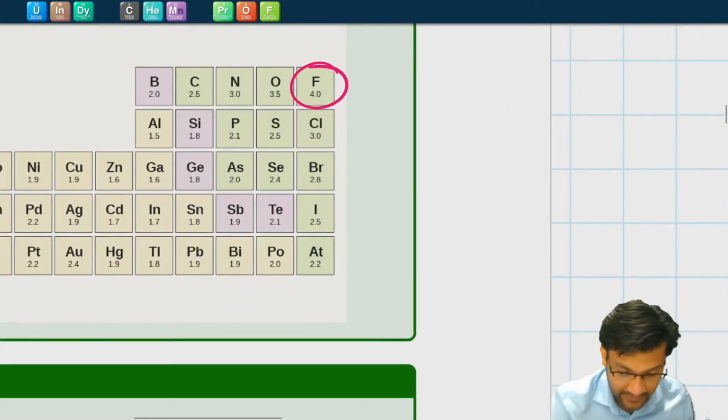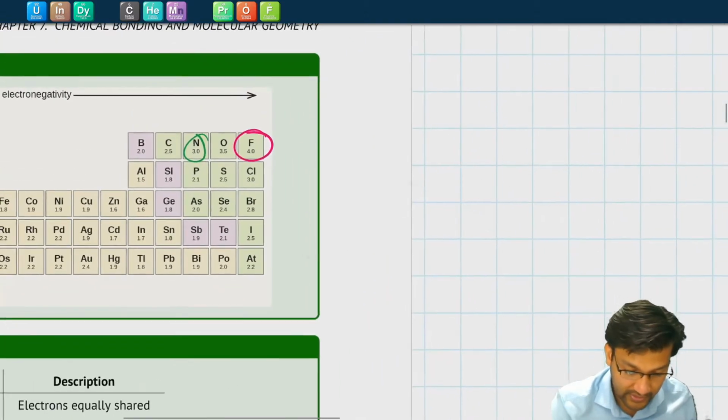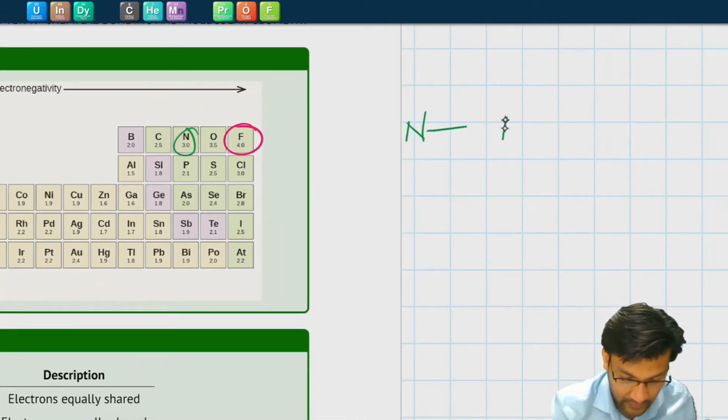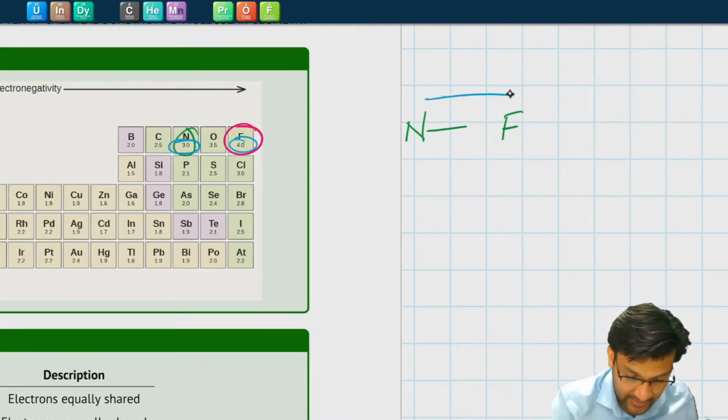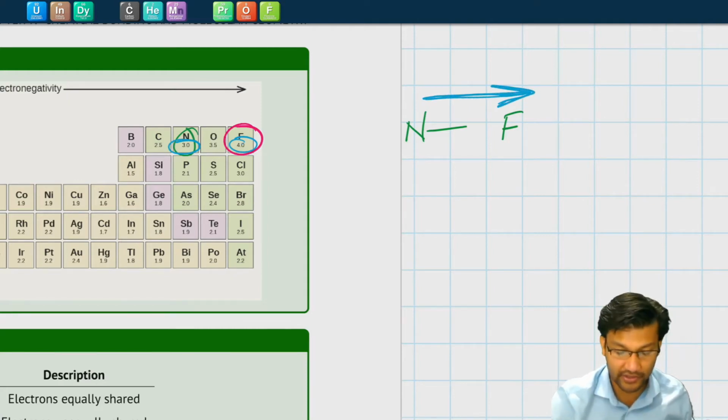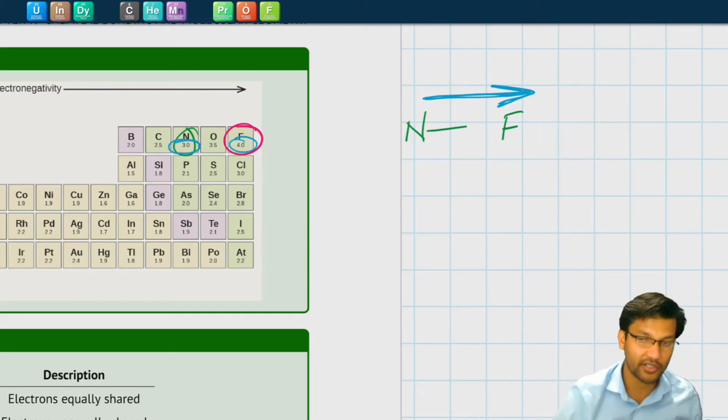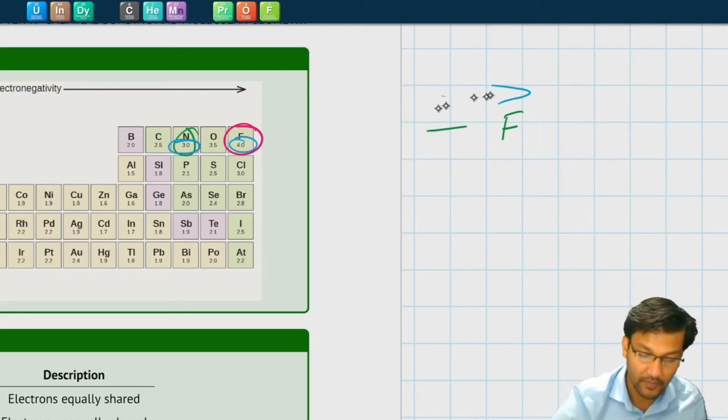But if you have, let's say, fluorine and something like nitrogen bonded to each other, well, fluorine has a much higher electronegativity value than nitrogen, so you might expect that the fluorine will pull on the electrons more strongly than the nitrogen, and so there'll be an unequal sharing of electrons.